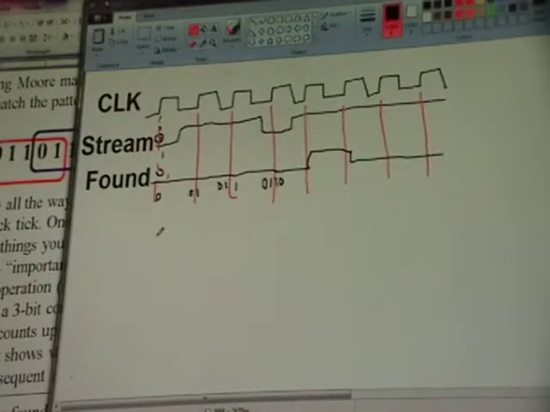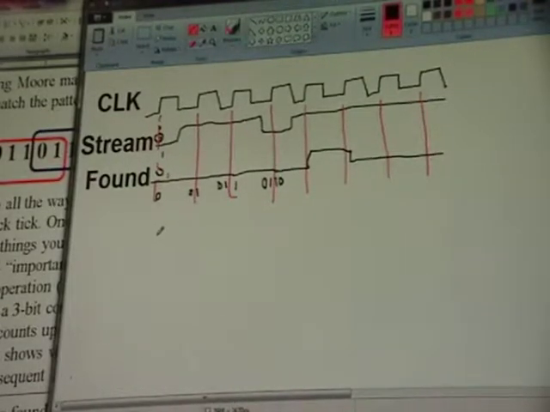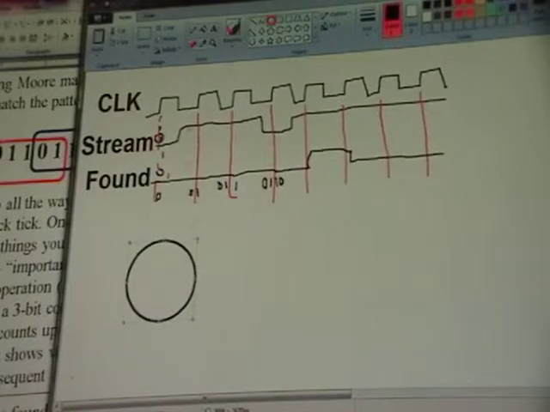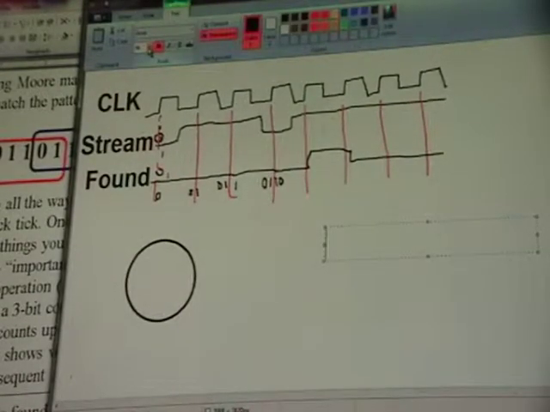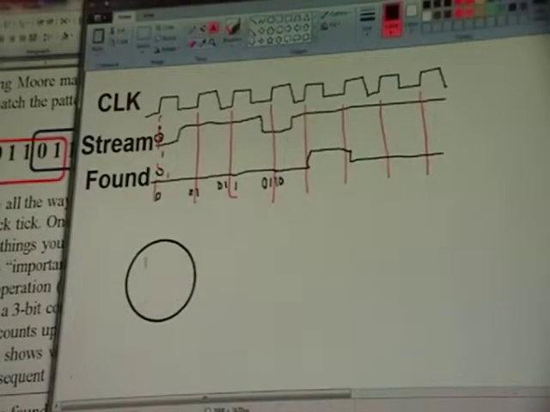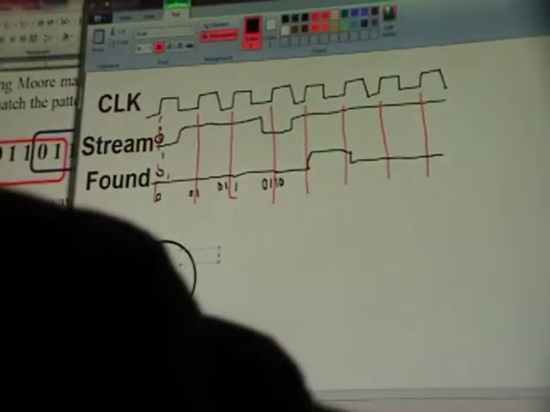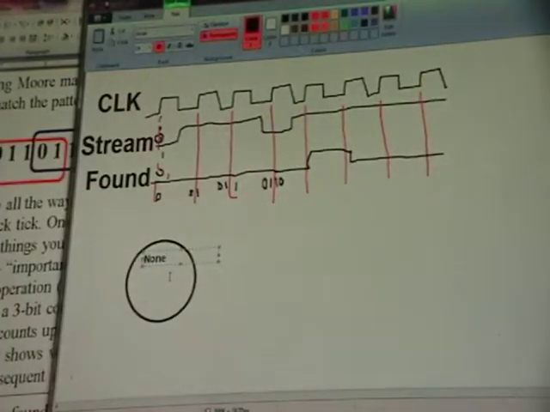The next step is to do the state transition diagram. I'm going to have to make the letters a little smaller here. Let's do it down to 14 or something. That might be too small. But the first thing you want to do is have a human-friendly name. We're looking for a pattern, so I'm just going to call that state none.